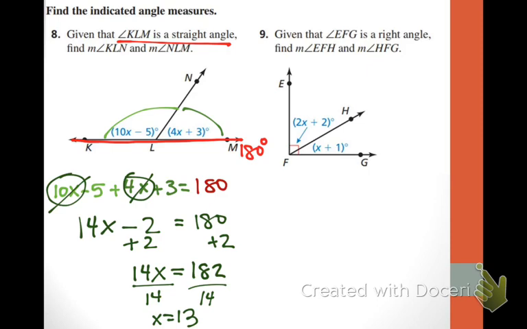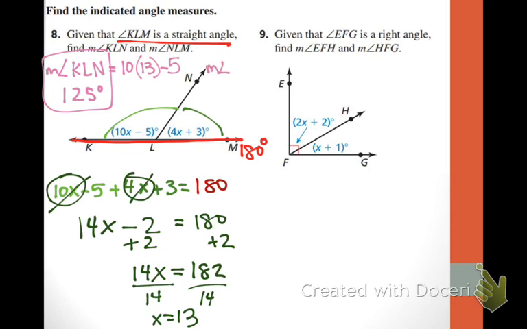No. So I got to plug it in. The measure of angle KLN equals 10 times whatever x is, which is 13, minus 5. So 10 times 13 is 130, minus 5 is 125. And then we do the same thing with the other angle.